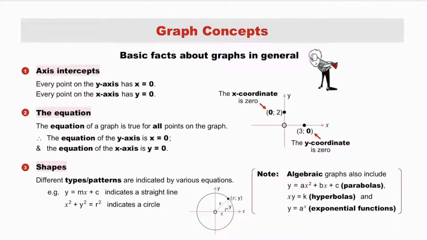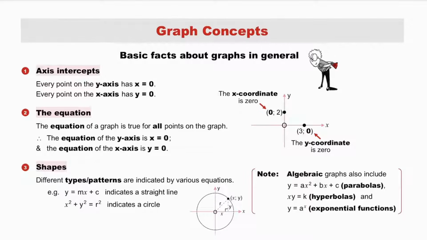See the points on the sketch, where we could understand that every single point on the y-axis would have an x-coordinate of 0, and nowhere else would there be a point with an x-coordinate of 0, and every point on the x-axis would have a y-coordinate of 0, and nowhere else but on the x-axis would you find a point with a y-coordinate of 0.